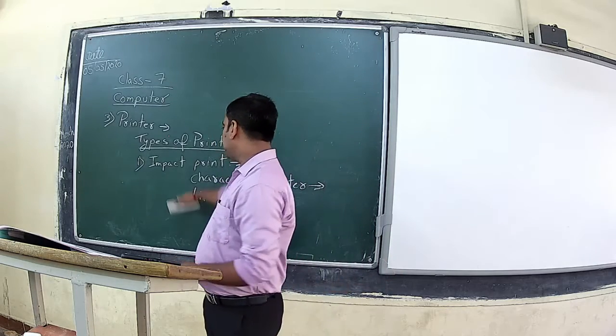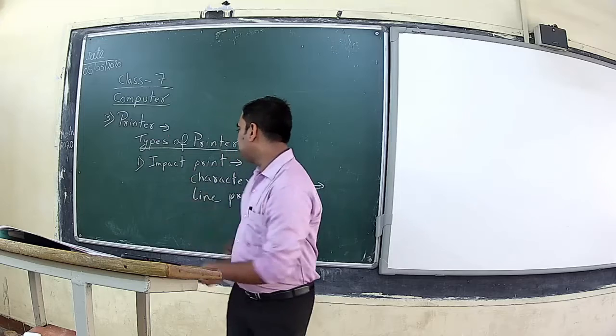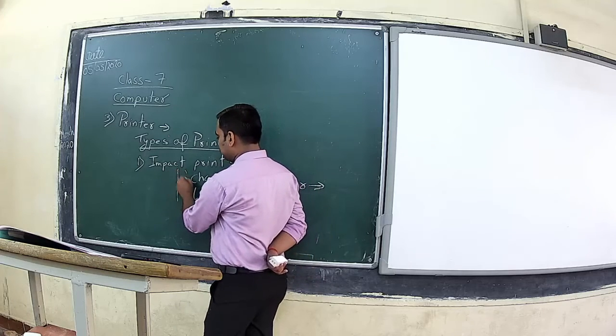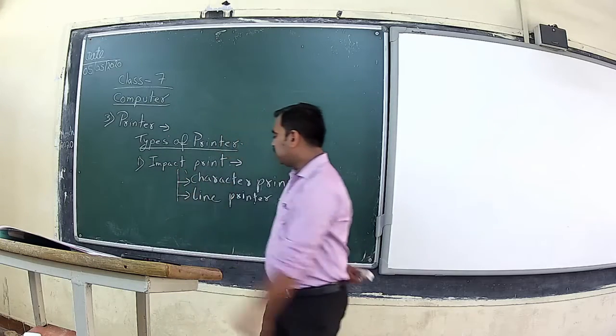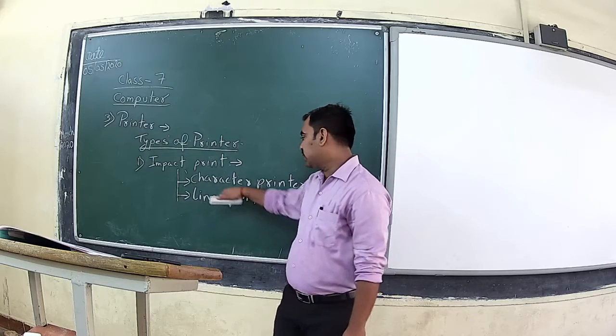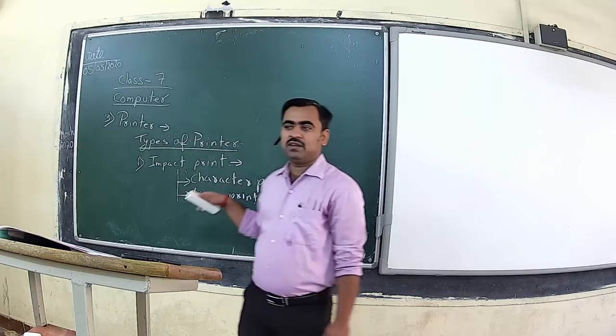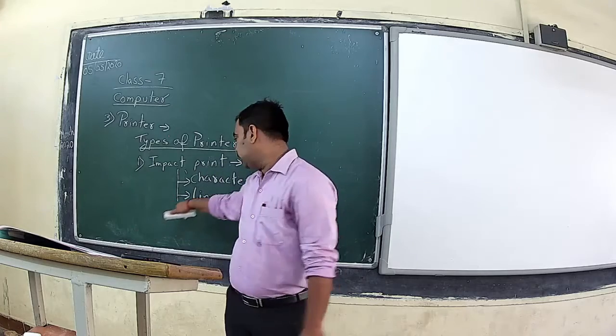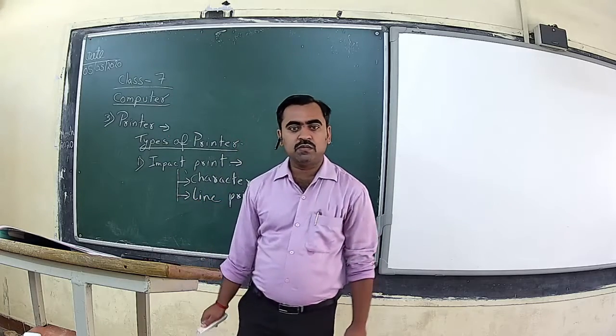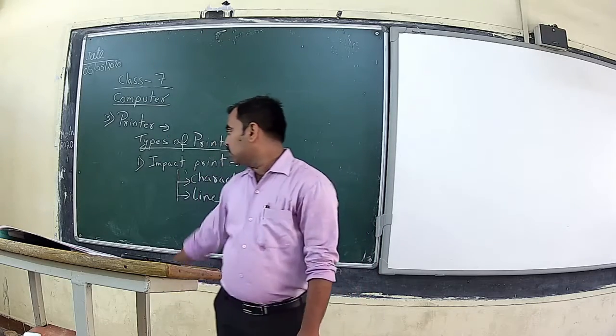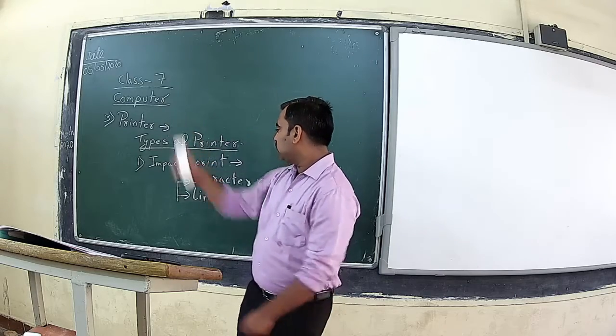So impact printers can be again classified into two different categories: first one character printer, and the second one line printer. Okay. So once again, what is the impact printer?